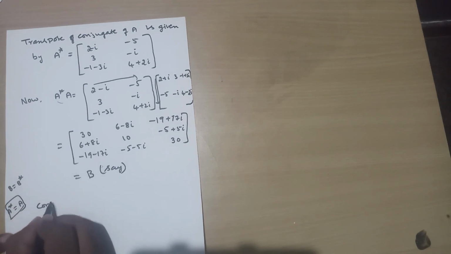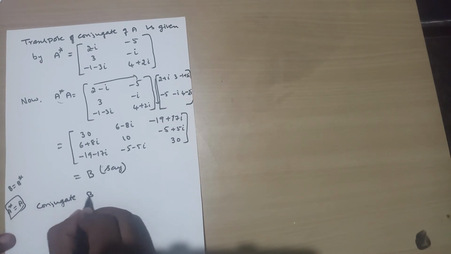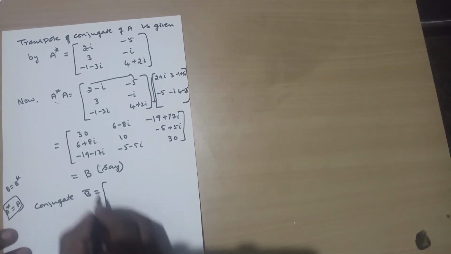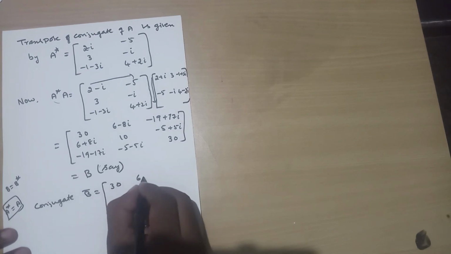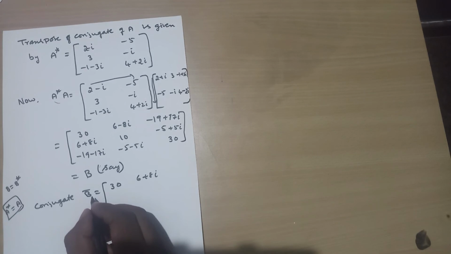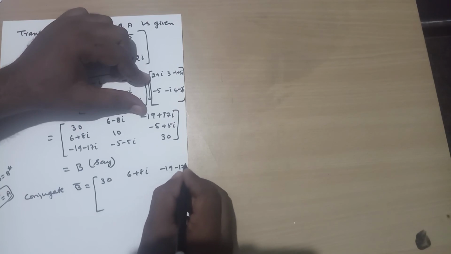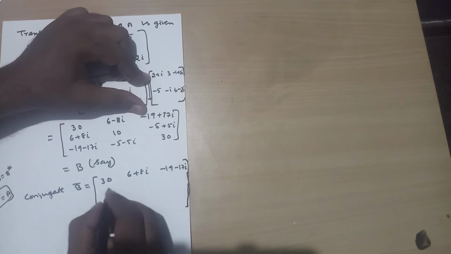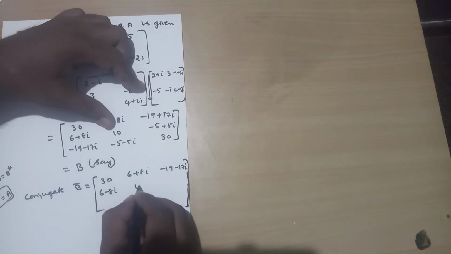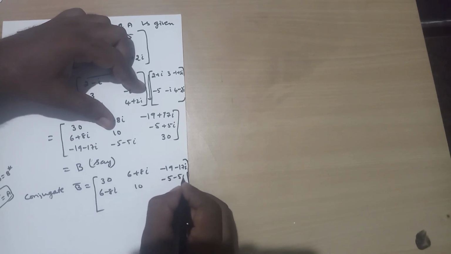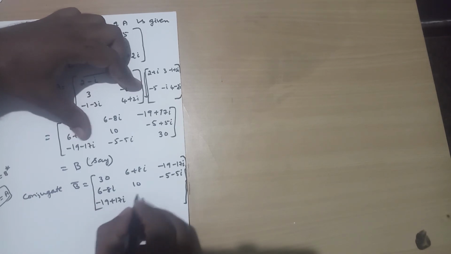So conjugate B bar equals, so what you get here if you take the conjugate, 36 plus 8I, I is replaced by minus I. So what you get 6 plus 8I, minus 19 minus 17I, okay, 6 minus 8I, then 10, so minus 5 minus 5I, and here minus 19 plus 17I, so minus 5 plus 5I, so we'll get 30.